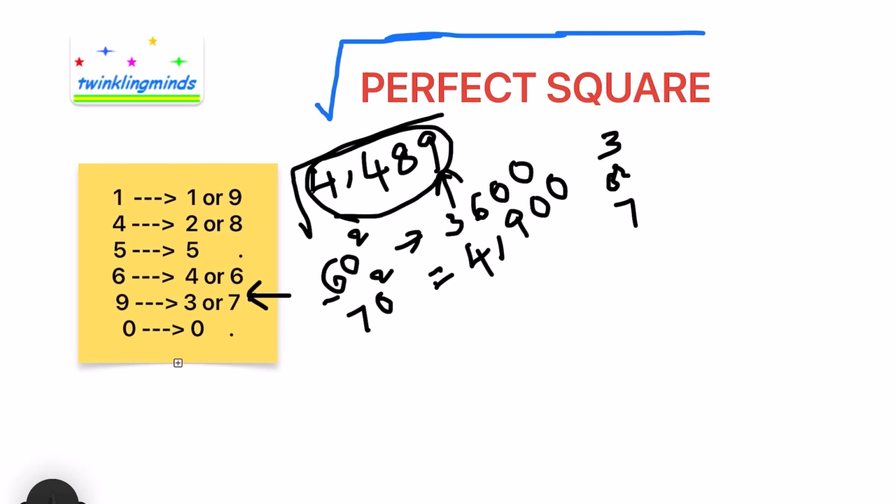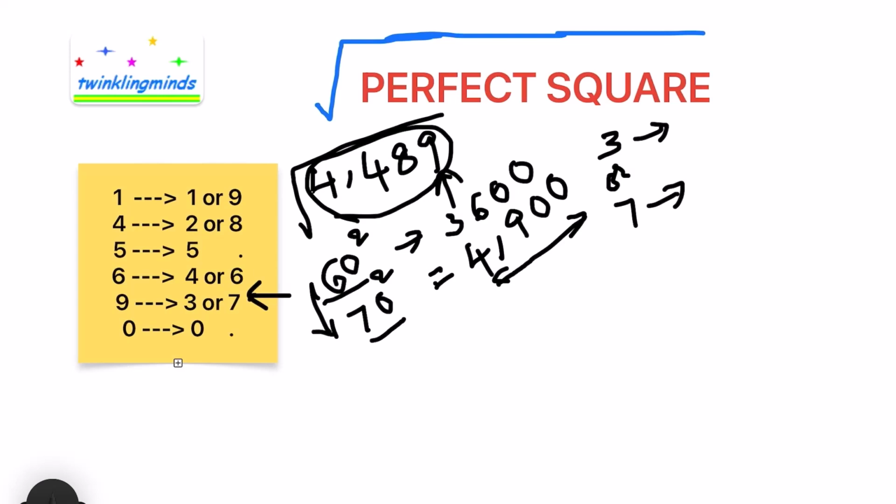Your lower end is 60 square, higher end is 70 square. 4,489 is closer to which of these two? It is closer to 4,900. So this square root value will not be towards 60, but towards 70. So do we need to consider 3 or 7?